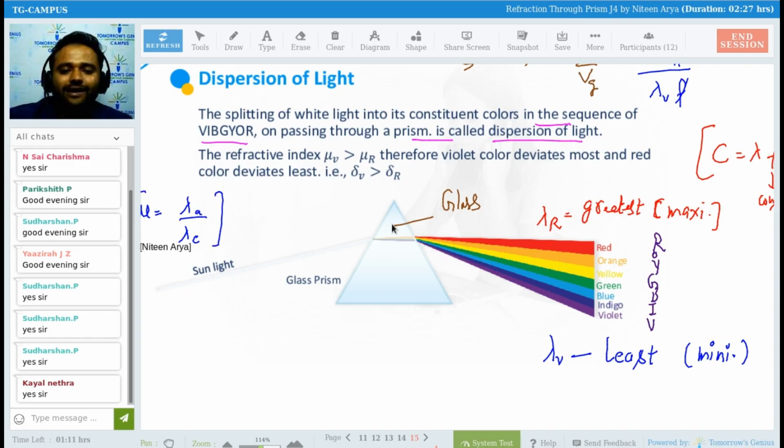So due to this, the violet color has the most refractive index for the same glass, and red color is going to feel the least refractive index for this reason. Directly they can ask on what basis you can write this. Clear? So on this basis we can write this.